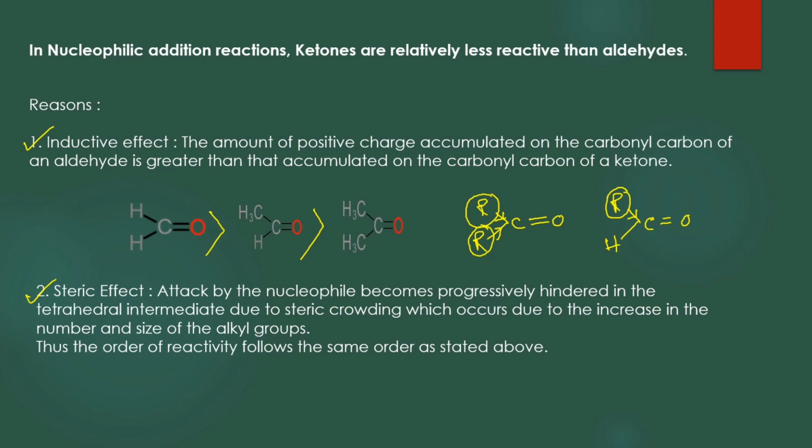Ketones have two alkyl groups attached to the carbonyl carbon, whereas aldehydes contain only one alkyl group. Thus, the order of reactivity follows the same order as stated above.